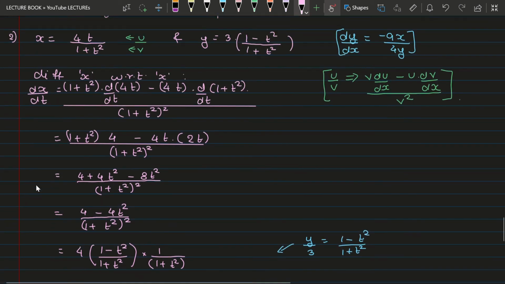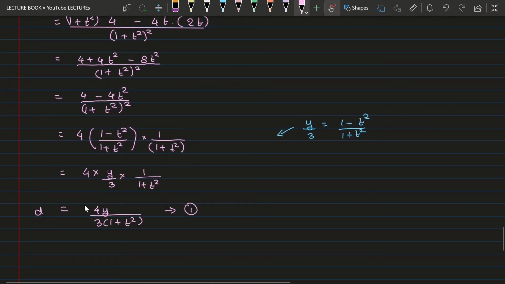We have got it as dx upon dt. Now let me write the value of y for you once again, which is 3 times 1 minus t square upon 1 plus t square.